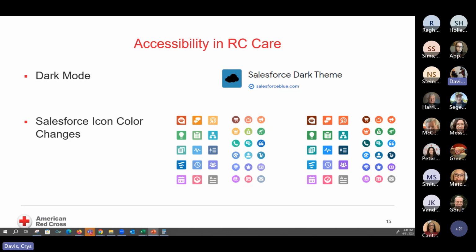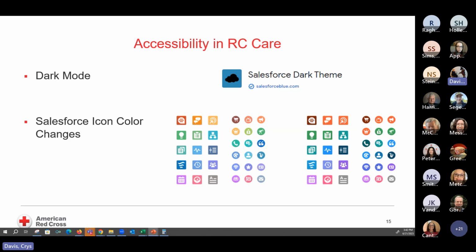Salesforce, which is the vendor that RC Care is based on, has changed some of their icons recently. If you may have noticed, the cases icon has changed color. I think it was like a yellowish color, and now it's darker. It's like an orange or something.